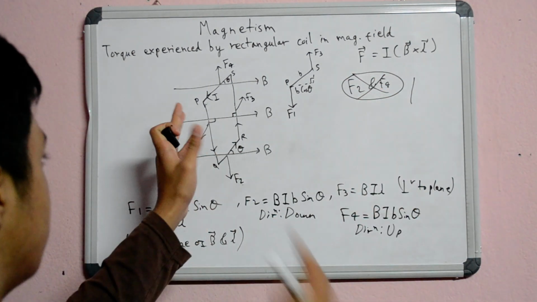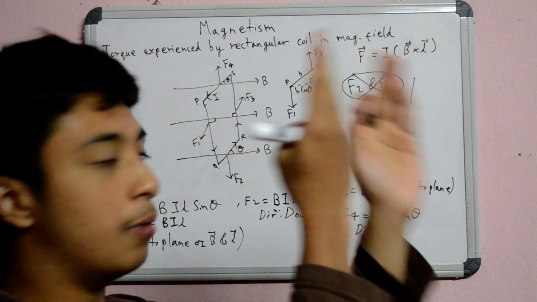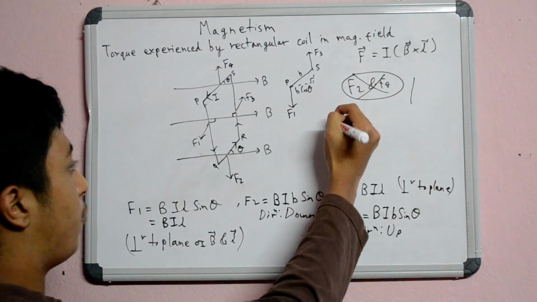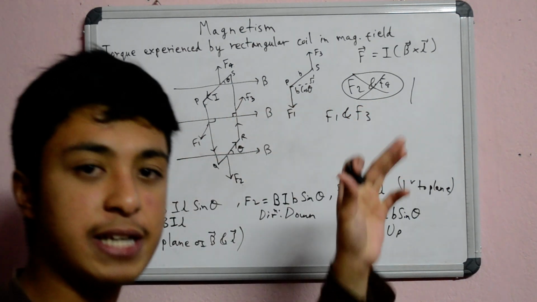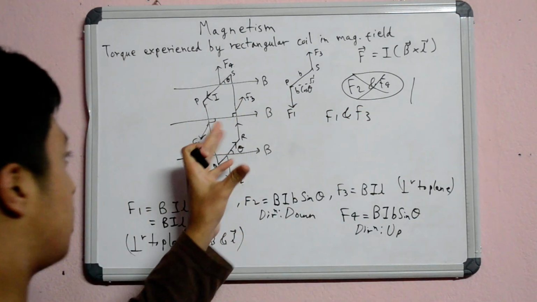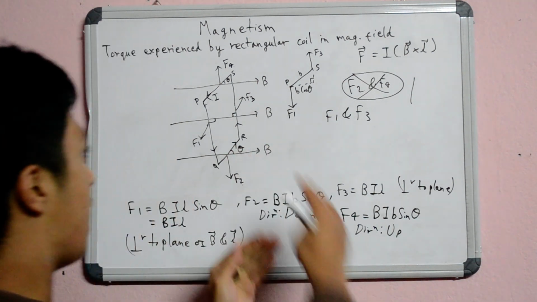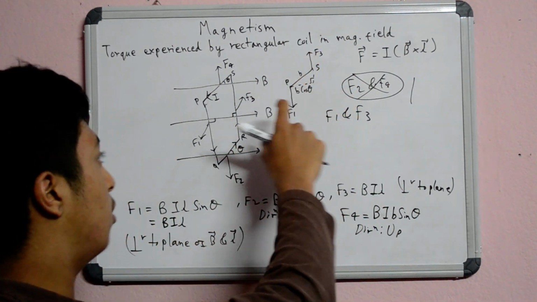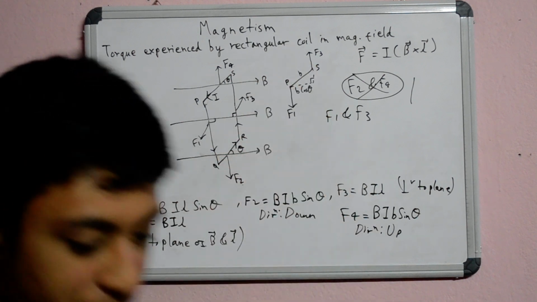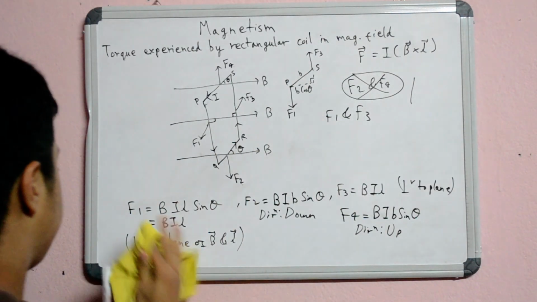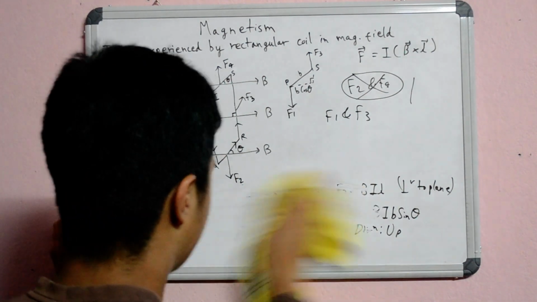That means there is only a horizontal force acting upon it, because F1 and F3 have the same magnitude and opposite direction. However, they act on different lines of action, and they are separated by a distance of breadth, which is the PS. And here now we can find the torque of this rectangular coil.